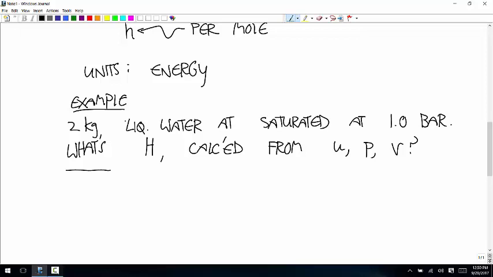There are 2 types of tables for saturation, ones that are indexed by temperature and by pressure. We have the pressure here, so we'd want to use the saturated pressure table.